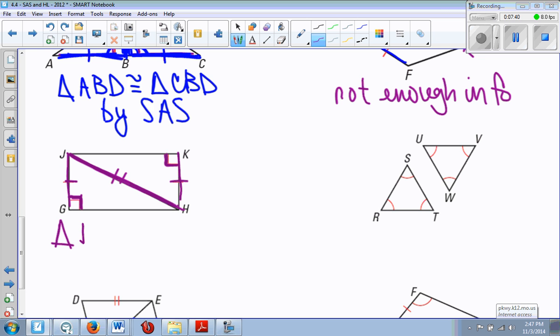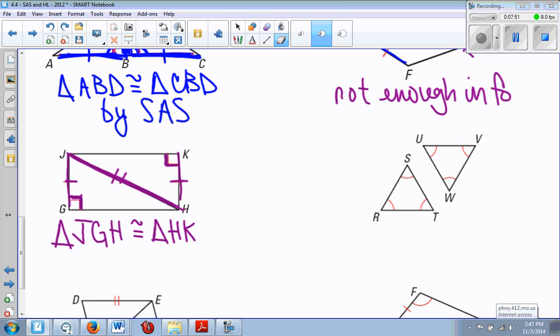So I've got JGH, and I've got triangle HKJ. And those triangles are congruent not by side angle side, but by hypotenuse leg theorem. Because I've got right triangles, I've got a single leg in each triangle marked, and I've got the hypotenuse of each triangle marked. So that's why we're using HL, not side angle side.